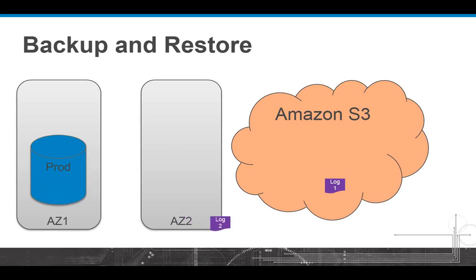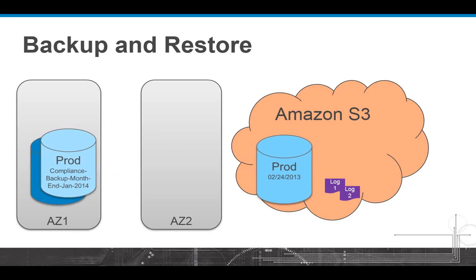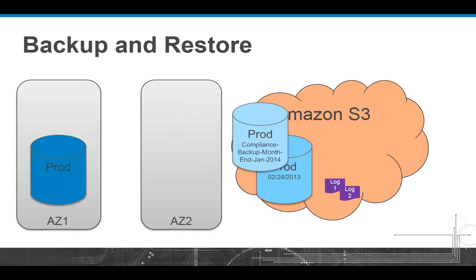And S3 is designed for 11 nines of durability, so with RDS, it gives you very high data durability. So here is an example of an instance that is backed up along with the transaction logs. So the transaction logs can be backed up to a maximum of 35 days.